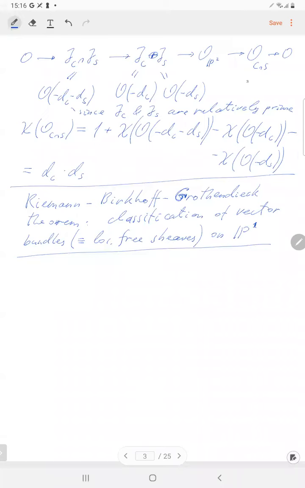So the answer will not be discrete. It will be the so-called moduli stack of vector bundles. And this moduli stack is really the central object of the biggest part of modern mathematics. It's called the geometric Langlands program.